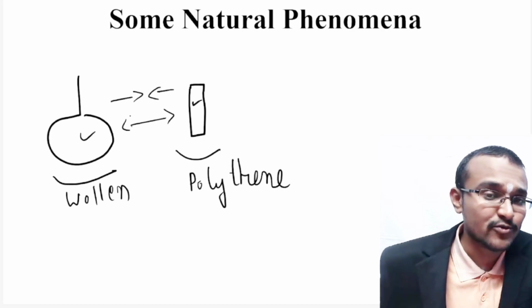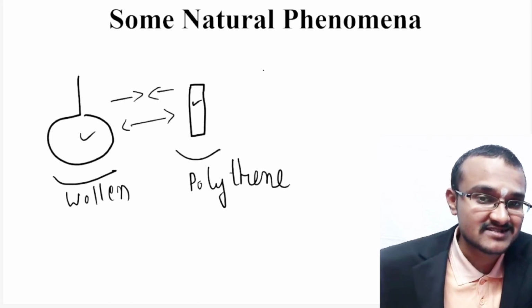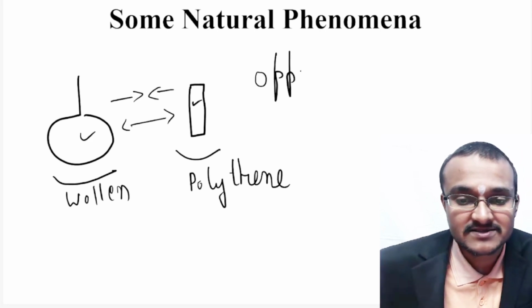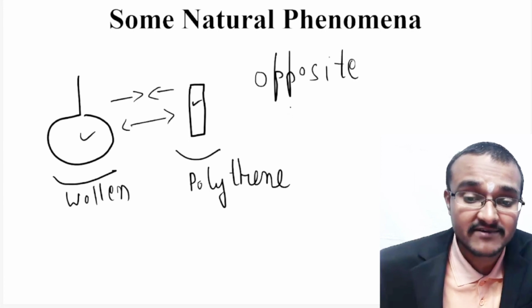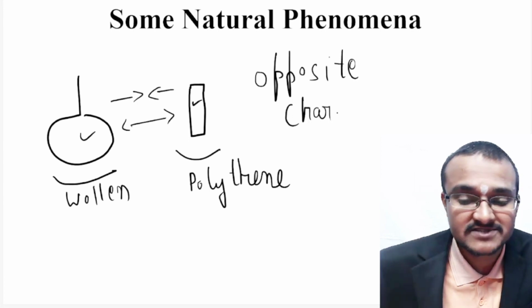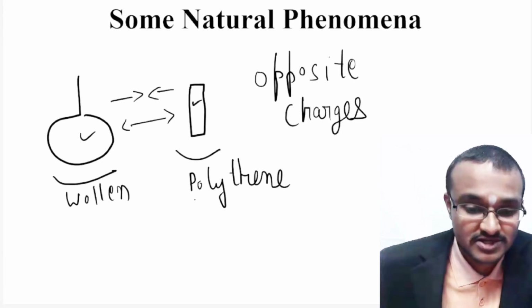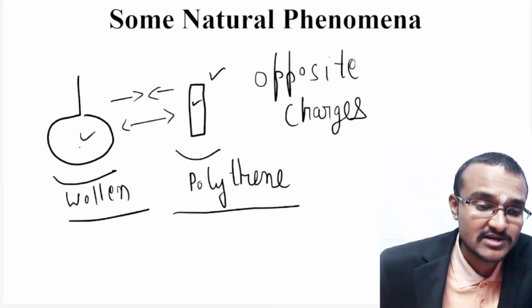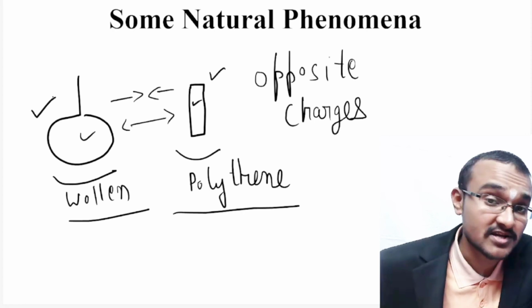Now you might be wondering that when two bodies are charged, they must repel. But here these two bodies have opposite charges. These two bodies don't have the same charge, because you used polythene to charge this refill and woolen cloth to charge this balloon.